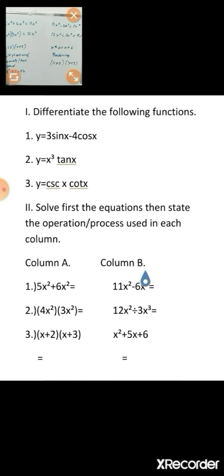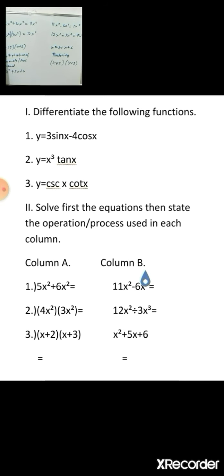So we can proceed to our next lesson. But by the way, what did you notice in the solution of column A and column B in each number? It has the same given number, right? And what about the difference between the two columns?